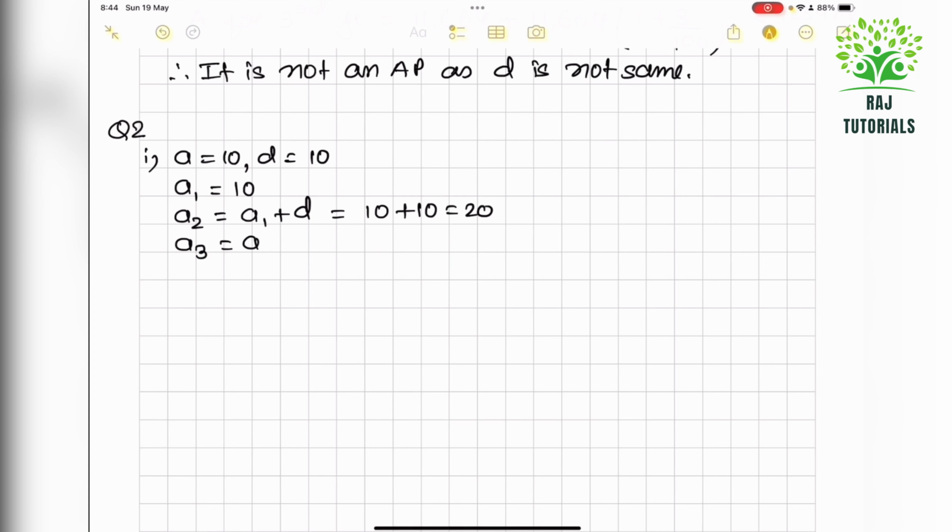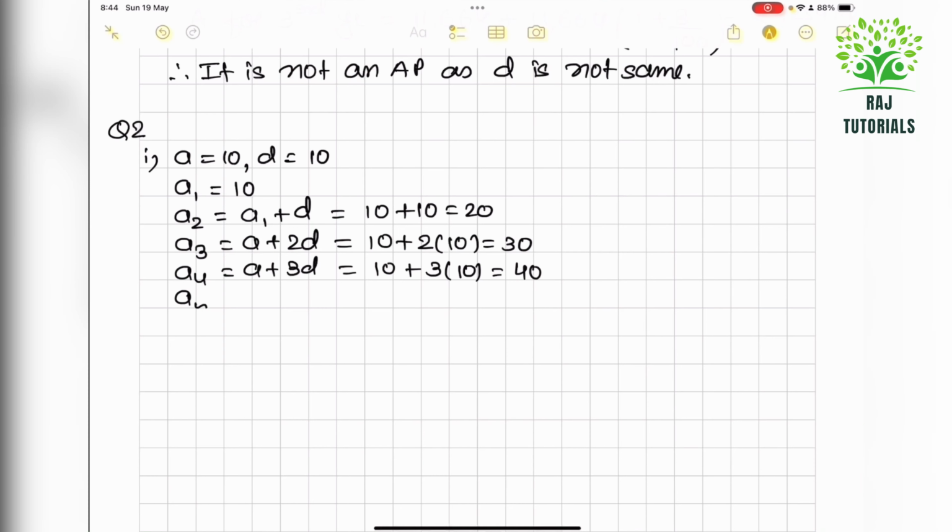A3 will be A plus 2D, so that will be 10 plus 2 into 10, so 30. A4 will be A plus 3D, so 10 plus 3 into 10, so that will be 40. A5 will be A plus 4D, that is 10 plus 4 into 10, so that is 50.